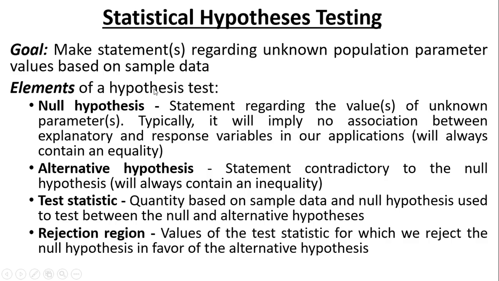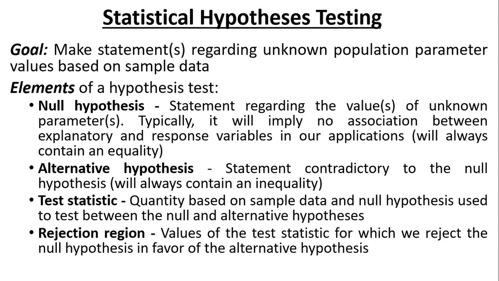One has to draw up a statement, or two complementary statements, about that unknown population. And for you to draw this, we have the elements that constitute statistical hypothesis testing. One is what we call the null hypothesis.